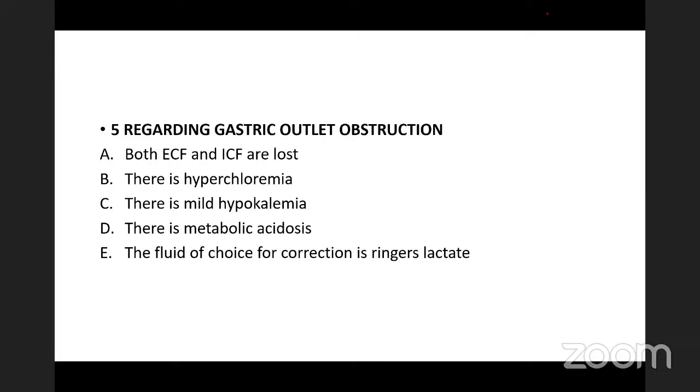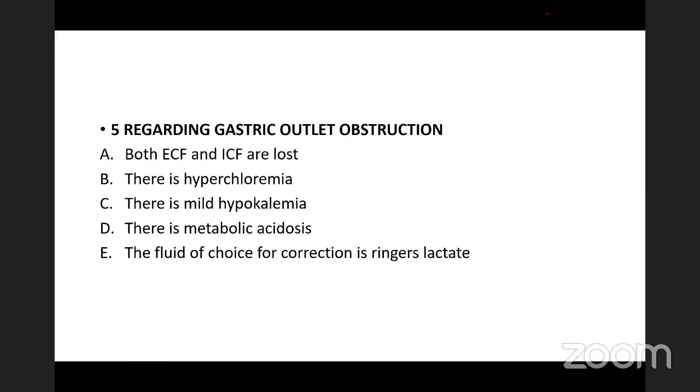Secondly, don't forget, in a patient with GOO, he has hypochloremic, hyponatremic, hypokalemic metabolic alkalosis with paradoxical aciduria. Those are the fluid and electrolyte changes with chronic dehydration.